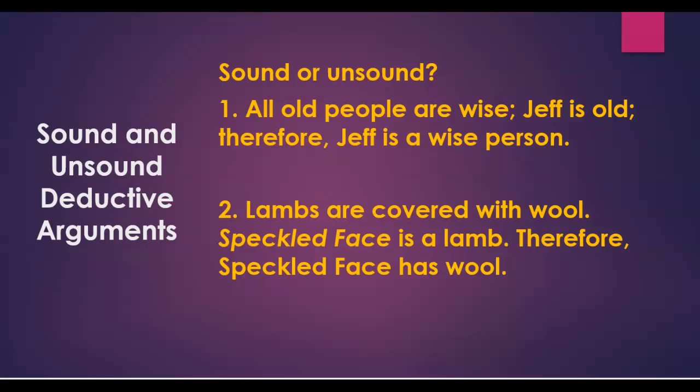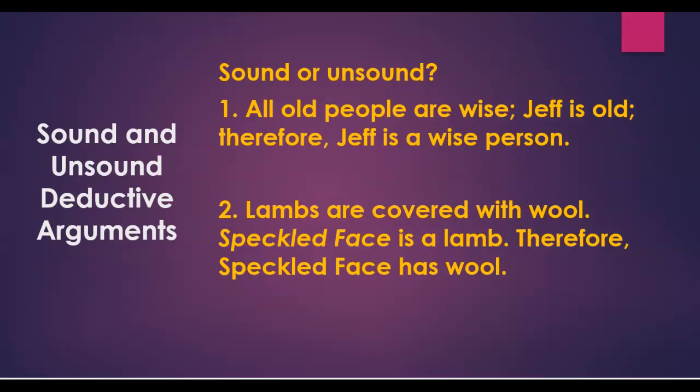All old people are wise. Jeff is old. Therefore, Jeff is a wise person. That is 100% proven in this situation. But is it a sound argument? Yes, the two statements do lead 100% to the conclusion. But the question is, are the premises true? Jeff may be old, that's fine. The problem is all old people are wise. That's not true.